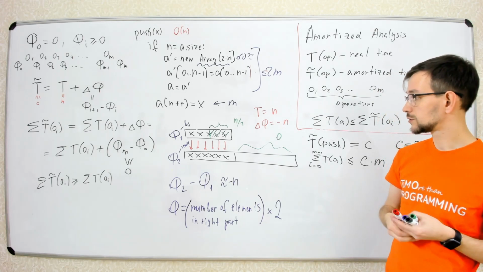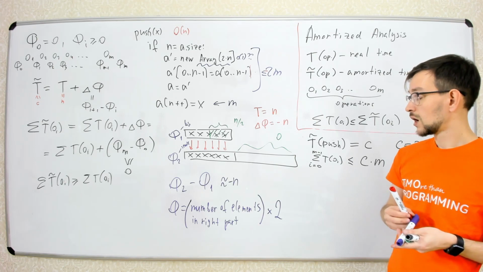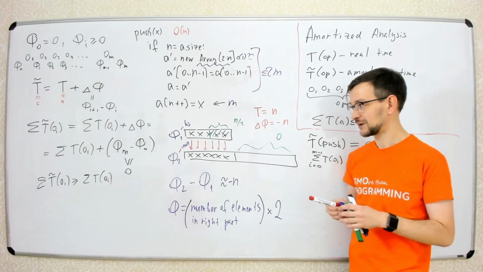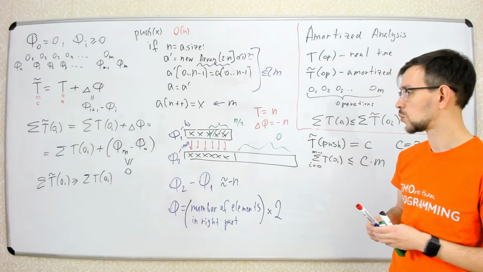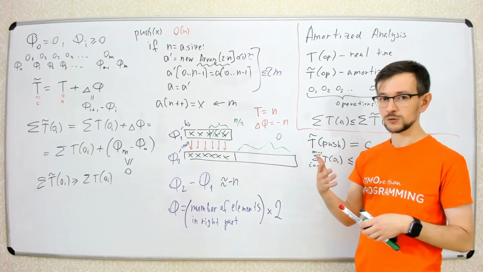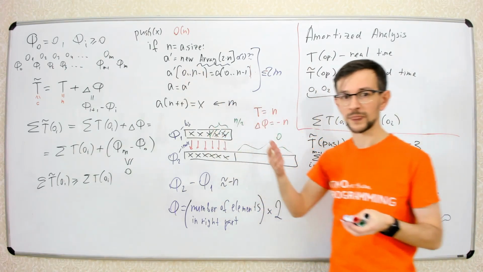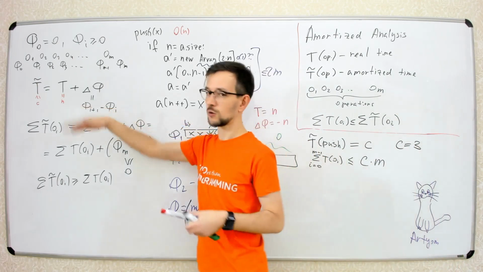That's all basically. That's how potentials work. We will use potentials later in this course pretty often. It's a very powerful technique. When you need to analyze the amortized cost, you just get this potential from somewhere and then prove that if you use this potential, then the amortized cost will be small.